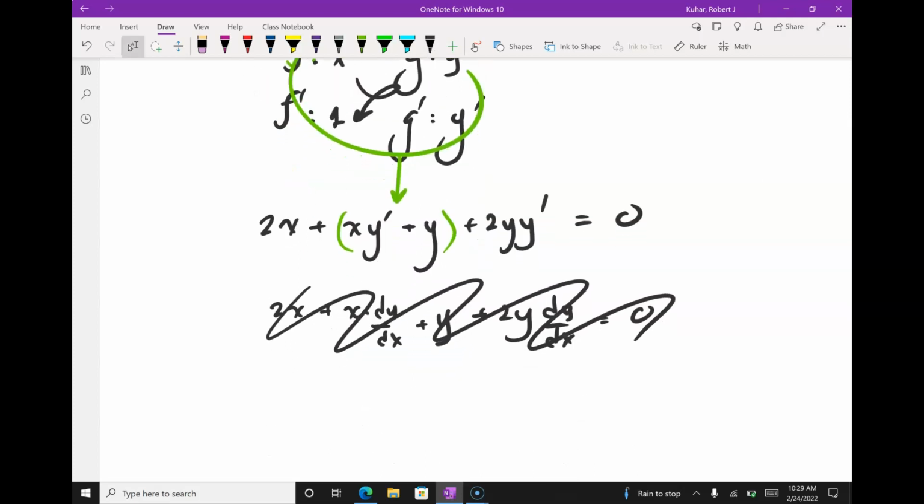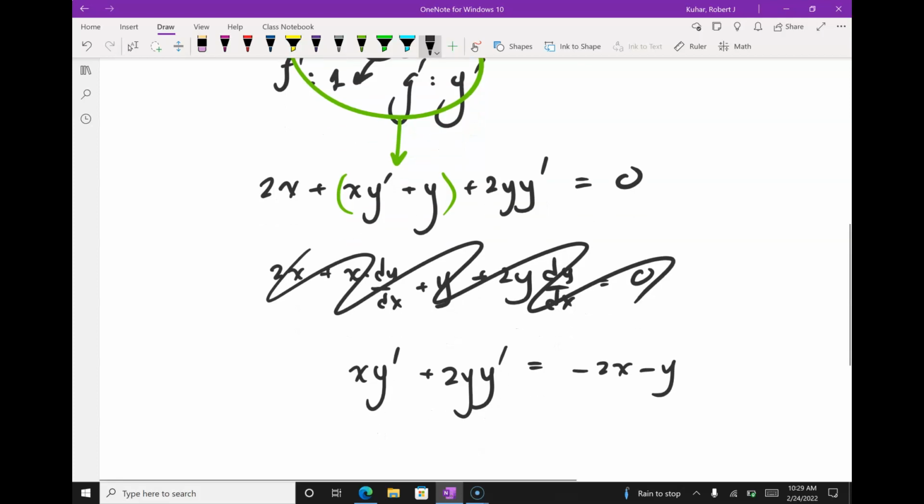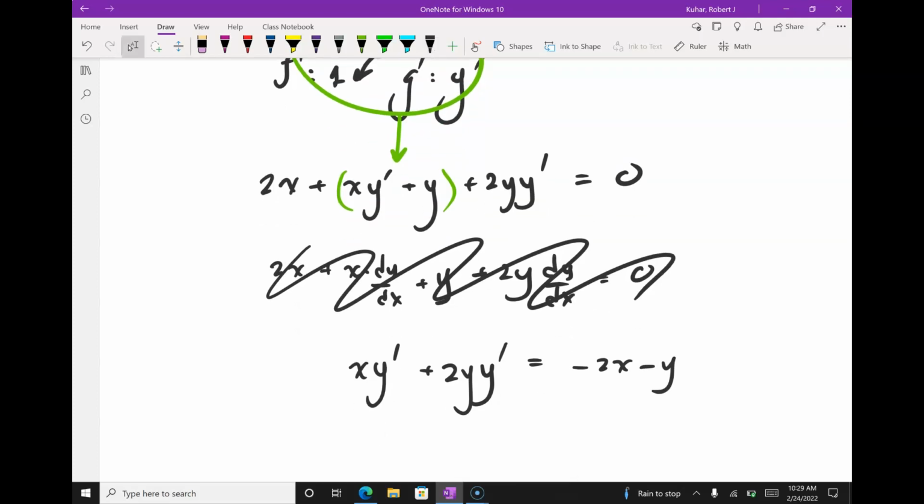So I want to get a nice version of the derivative. So I need to solve for y prime. So I'm going to rewrite, keeping my y prime terms on the left and move my other terms to the right. So negative 2x minus y. Agreed? The 2x has no y prime in it. I move it to the right. It becomes the opposite. The y has no y prime factor in it. I move it to the right. It becomes opposite.